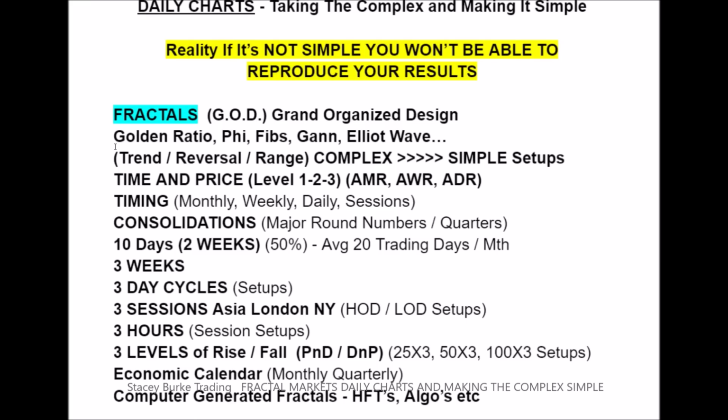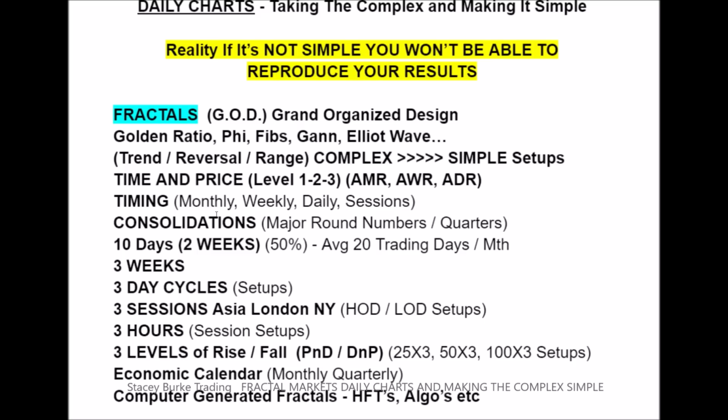So I have talked about the three things that markets do. They trend, they reverse, trade, breakout and trend, breakout and reverse, or go back and forth in a trading range. Now, those are all fractal movements on the smallest level. And again, taking the complex down to simple setups that involve time and price, we have levels based on those fractal movements.